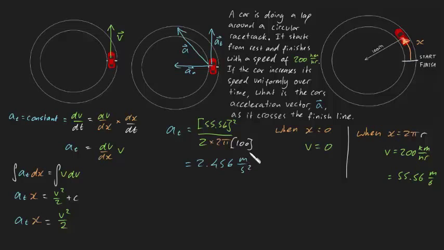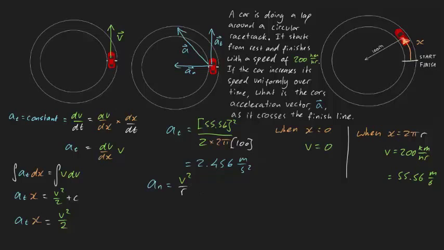We're not done yet. We found one component of the acceleration, but we also need to find the other component, a_n. Don't forget, from circular motion formulas, a_n is given as v squared on r, where v is your speed at the finish line, and r is your radius at the finish line.